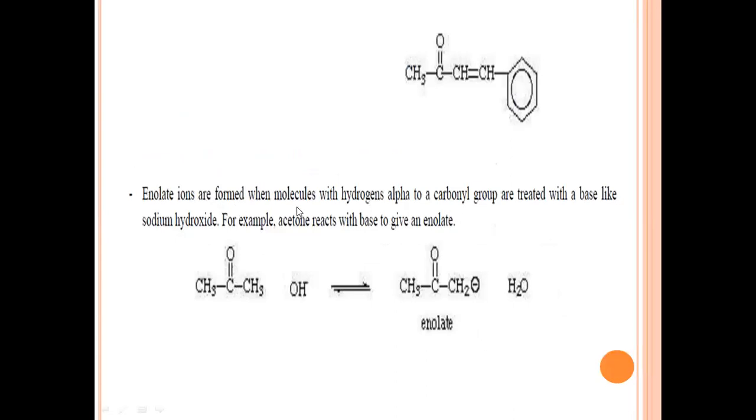So enolate ions are formed when a molecule with a hydrogen alpha to the carbonyl group is treated with a base like sodium hydroxide. So the ketone molecule is going to form the enolate ion when it reacts with the base, and this enolate ion, when it reacts with a molecule of aldehyde, is going to form the Claisen-Schmidt condensation product.